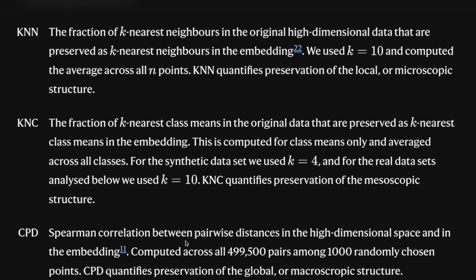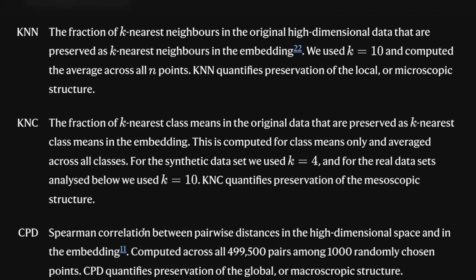Applying these metrics to the PCA and t-SNE embeddings, Figure 1bc, shows that t-SNE is much better than PCA in preserving the local structure, KNN 0.13 versus 0.00, but much worse in preserving the global structure, KNC 0.23 versus 1.00, and CPD 0.51 versus 0.85.